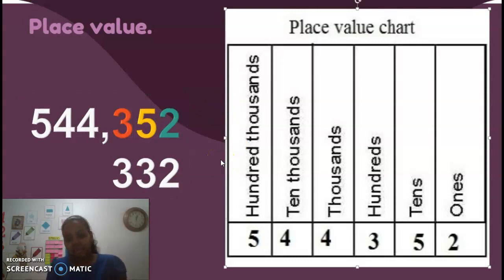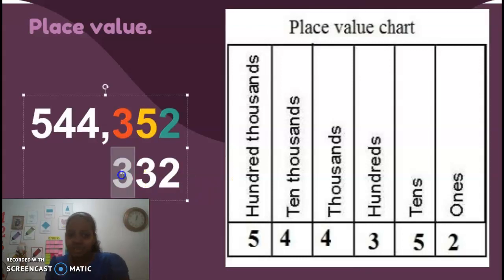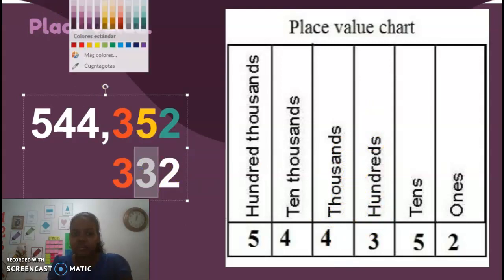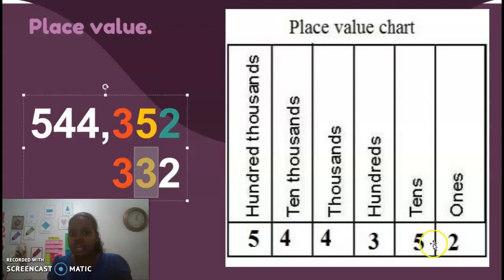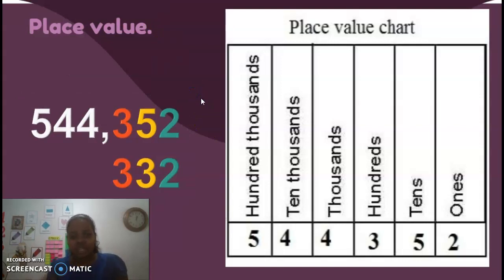So, for example, if I said 332, that means that this 3 that I have here is a hundred, this other 3 that I have here is a tens, and the number 2 that I have here is a ones. So please, in your notebook, copy this chart and also those numbers as an example of where a place value is always written.